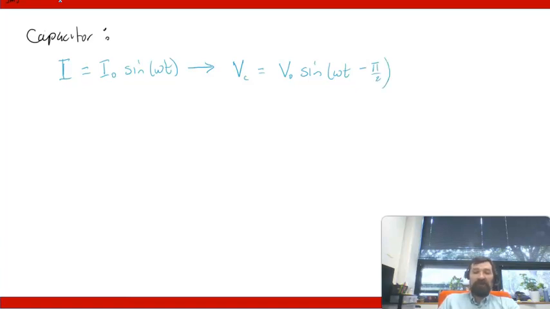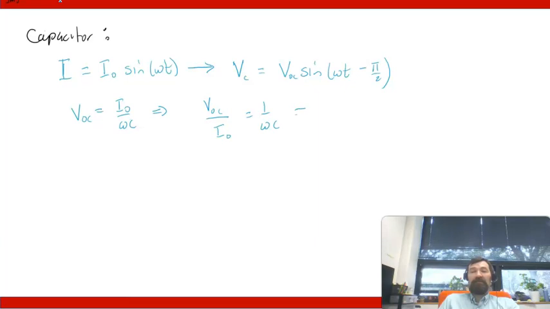And we can write here that V0 is equal to I0 over omega C, or in other words, that V0c over I0 is equal to 1 over omega C.